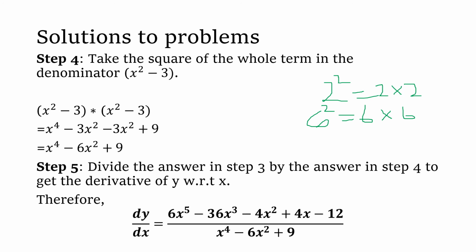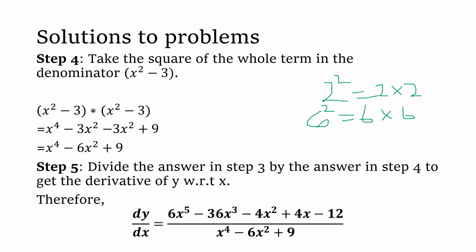Now, what we do is we divide the answer in step 3 by the answer in step 4 to get the derivative. So, this is the answer for step 4, right? We divide the answer we get for step 3 by the answer we get here, step 4. And that gives us the derivative.